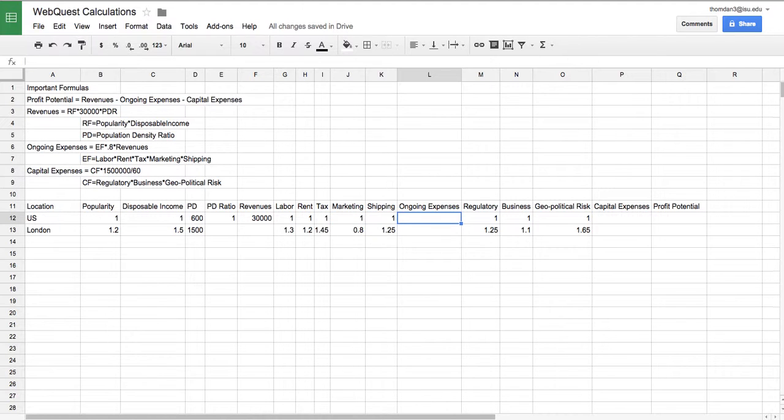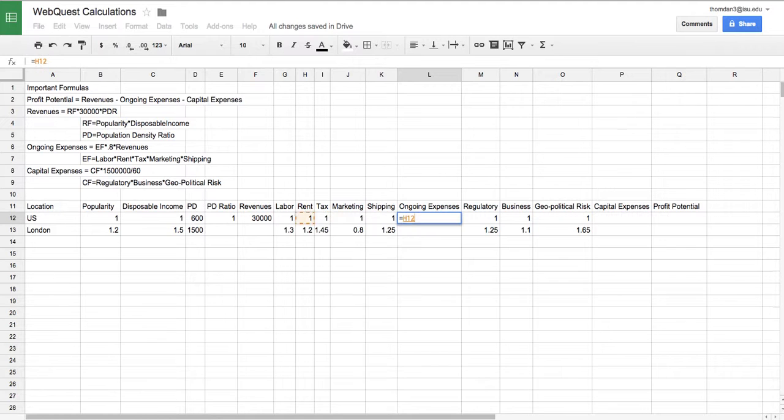My expenses are equal to, now my expense ratio is here, and it's labor times rent times tax times marketing times shipping. Those are my expense factors. Then I'm going to multiply it by 0.8 times my revenues. So in this case, it should be $24,000 when I get done.